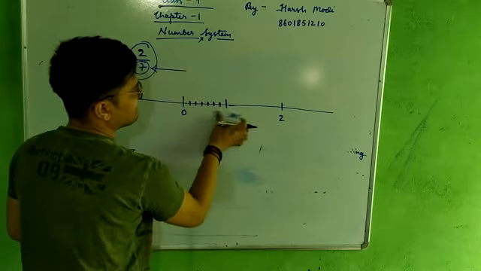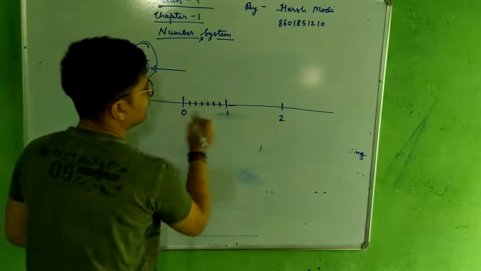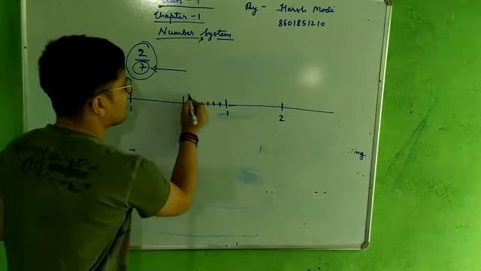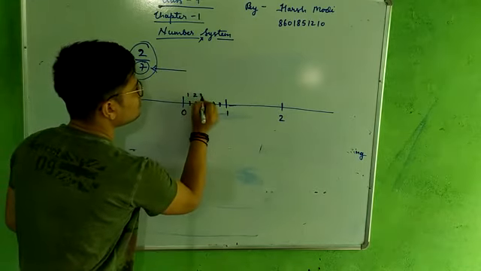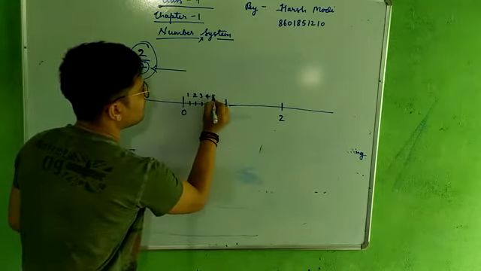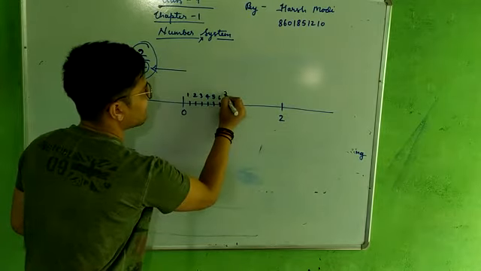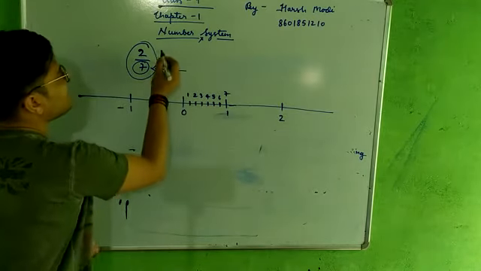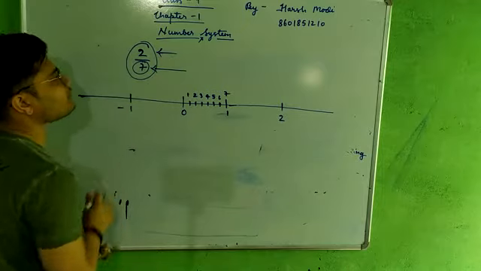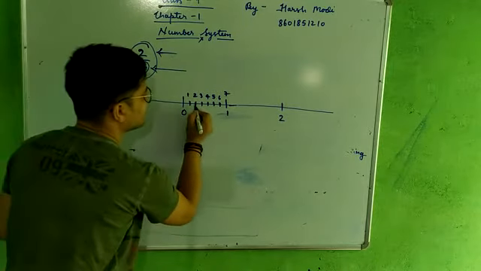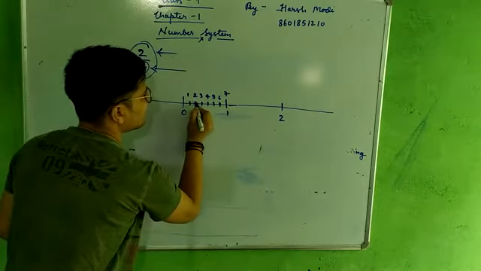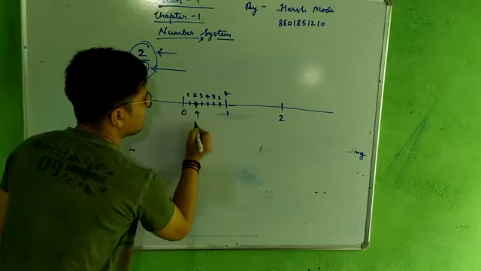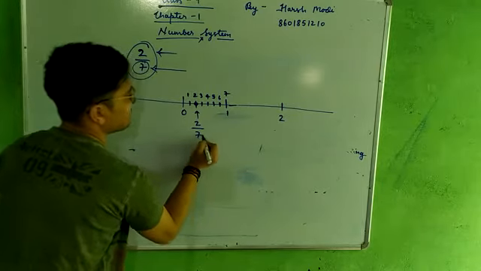The 7th part is 1 for us. Then we consider the numerator, which is 2. So this is 2/7.